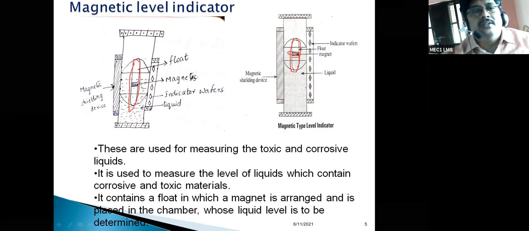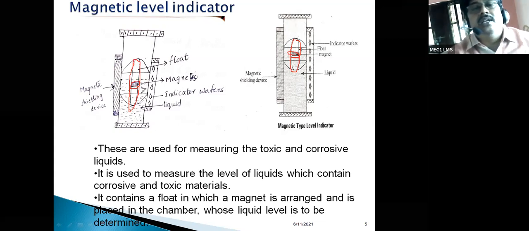This is a magnet. Here, this float and magnet arrangement you have to place into a liquid contained in a closed chamber whose level has to be measured. Then automatically, around the chamber, we are going for a magnetic shielding device.